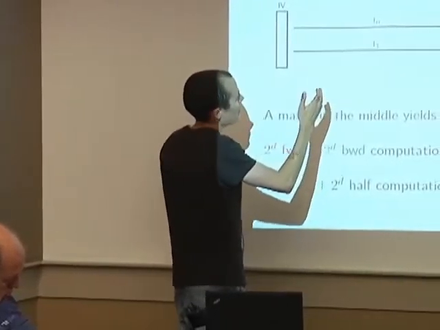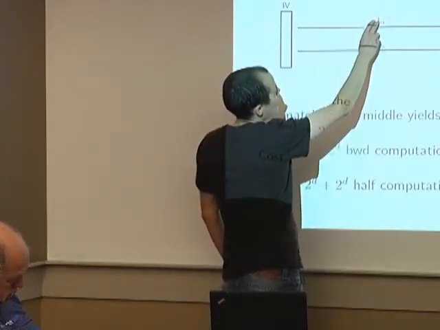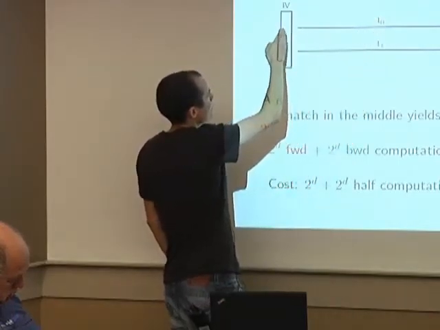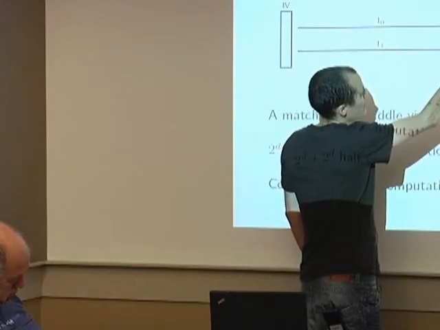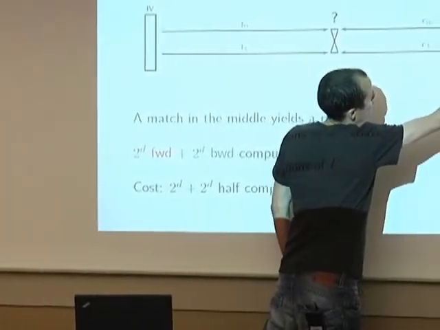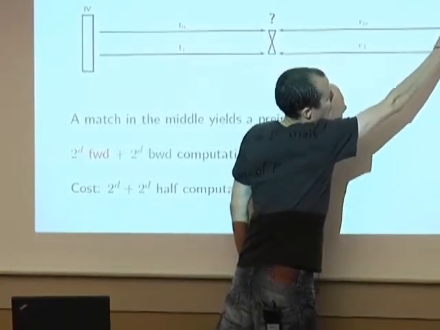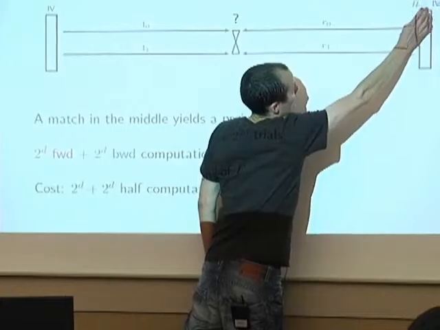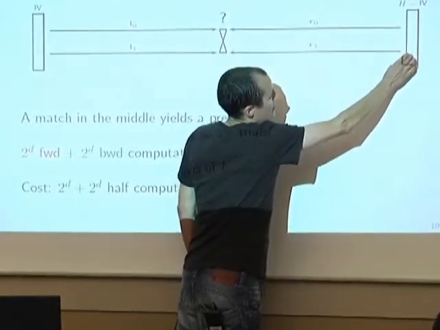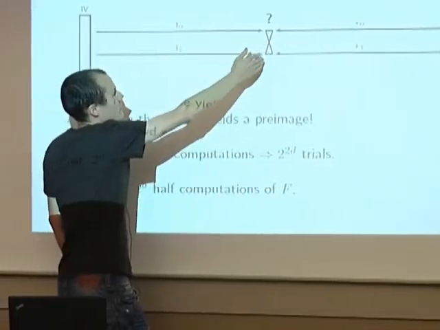What would I do here? I would choose several left parts and compute from the IV to the middle. And I would choose several right parts and compute backwards from this H prime, which is the target value minus the IV, the last value that we compute here, in the backward direction onto the middle.